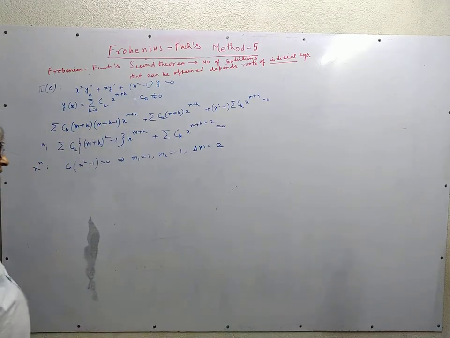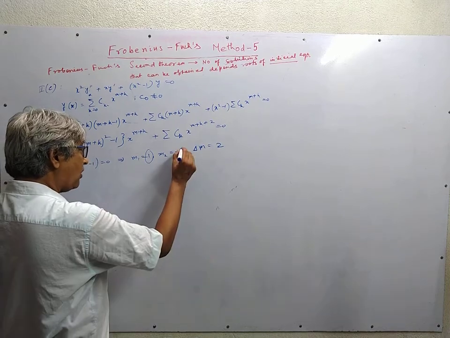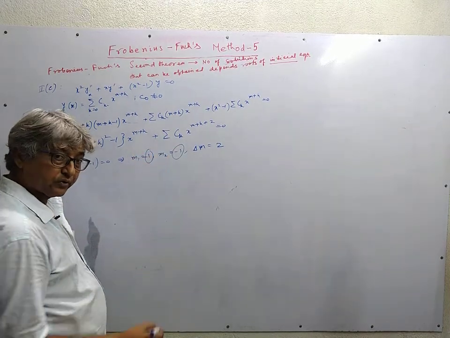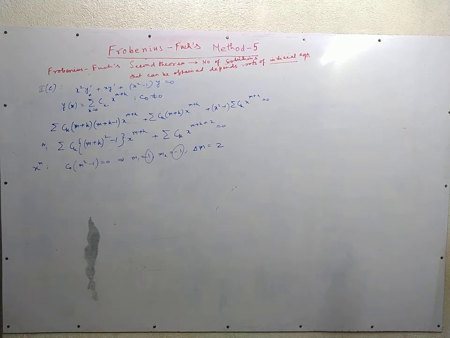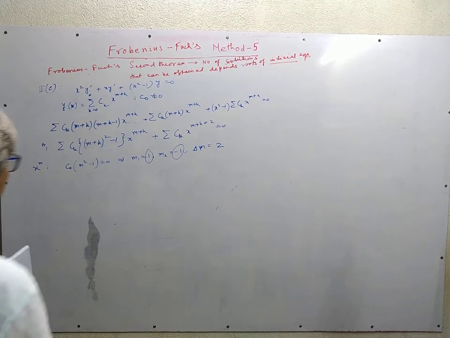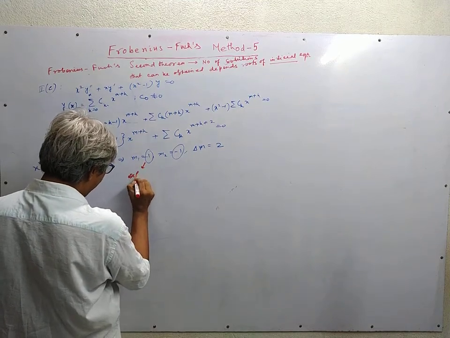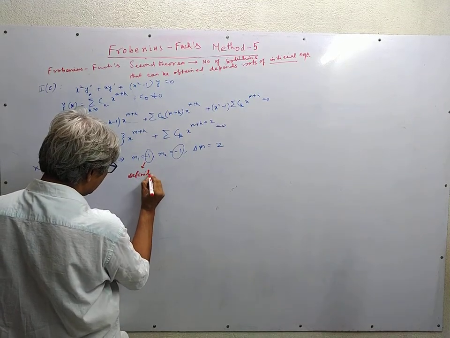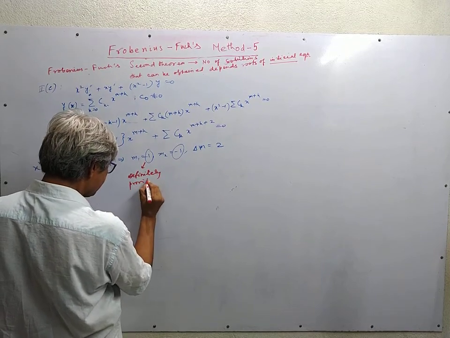So it says that this will definitely give you a root. This may or may not give you a root. So this is the statement of Frobenius-Fuchs theorem. The larger root of the initial equation will definitely provide a solution.